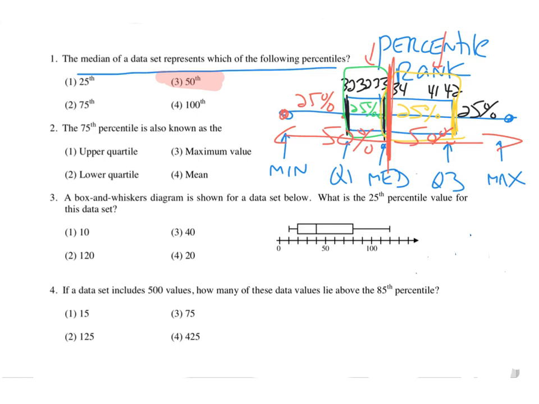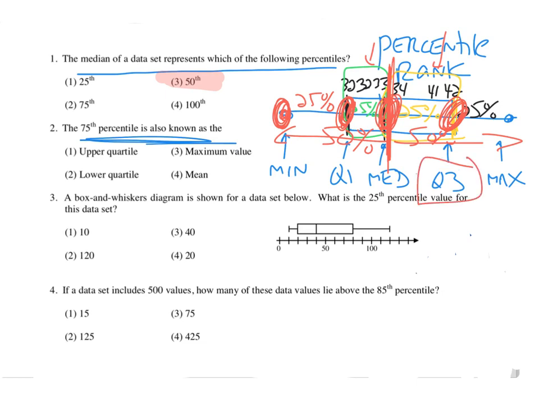The 75th percentile is known as the, well, think about how the box and whisker plot breaks up the data. 25% is between the minimum and the lower quartile. 25% from the lower quartile to the median. 25% from the median to the upper quartile.